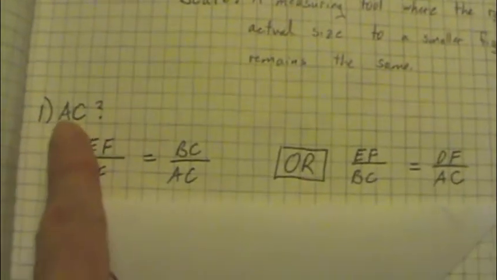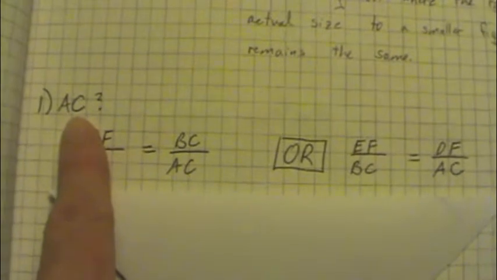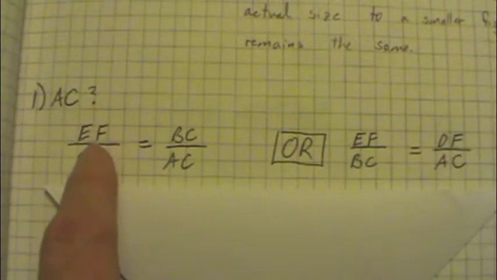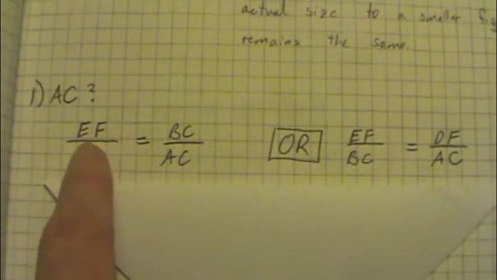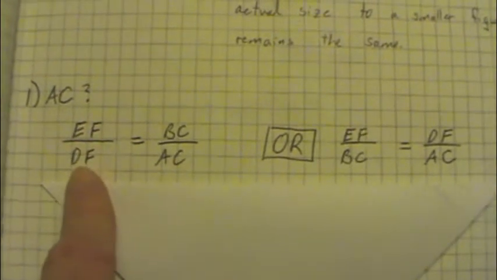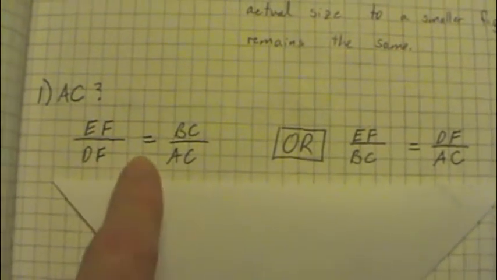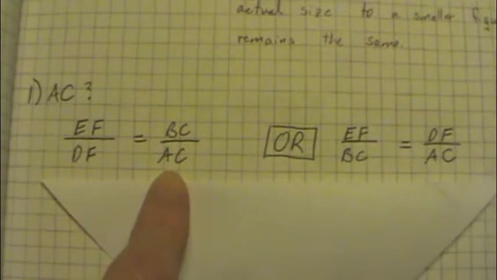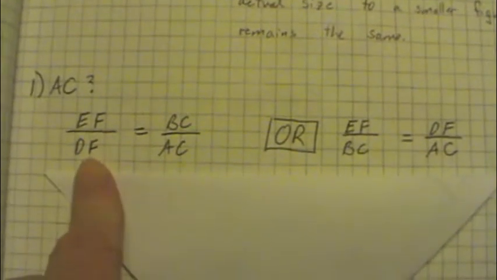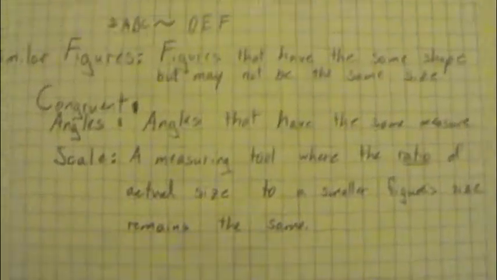So for number one, we're trying to find the length that is AC. First step, set up your proportion. I have EF over DF equals BC over AC. Now let's match this up with the triangles that we have. Come scooching up here to the book. See if I can get rid of that shadow.